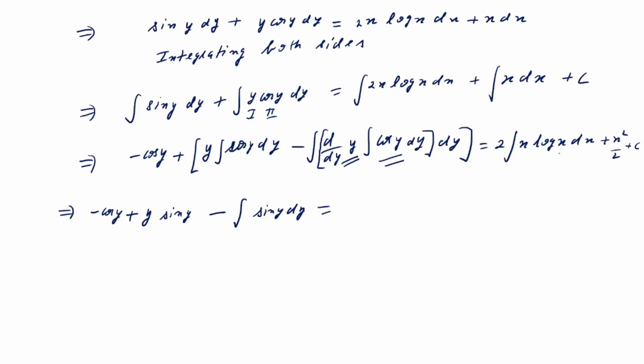So log x is your first function and this is your second function. So let's see what happened. 2 times in bracket: first function log x, integration of second function, minus integration of differential of first function log x into integration of second function dx, and after then the integration of the whole part.